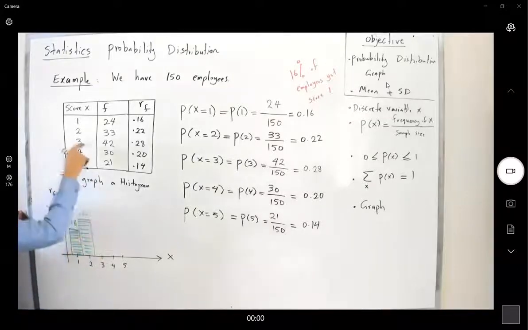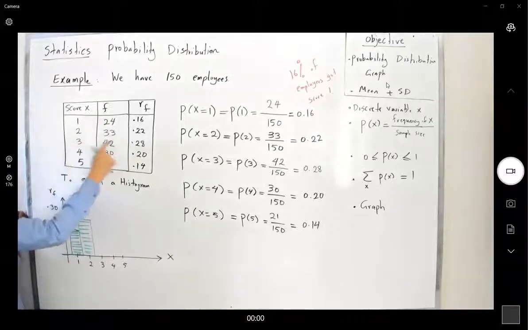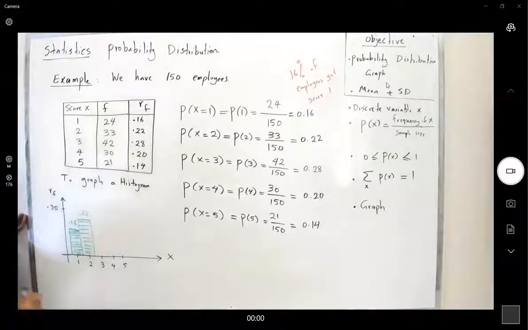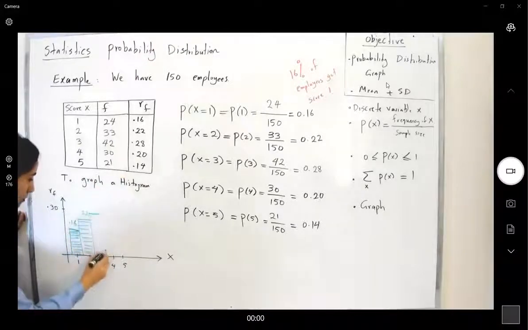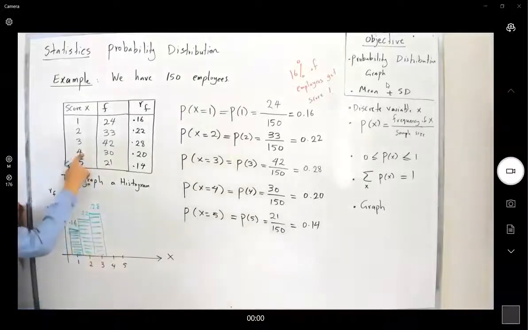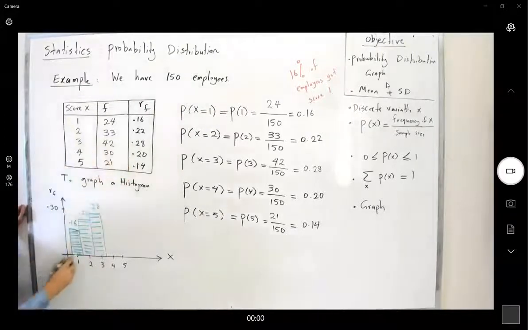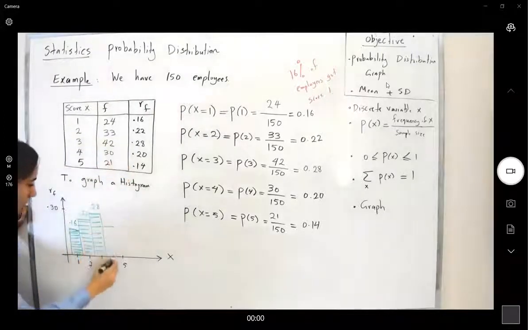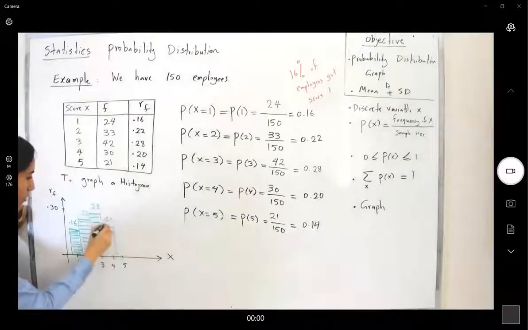Next bar is related to the third category. 3 is the representative for this category, and the frequency is 28%, the highest frequency. 0.28. And 4, the representative of the fourth class, has frequency 20%, 0.20, and this is your bar here.